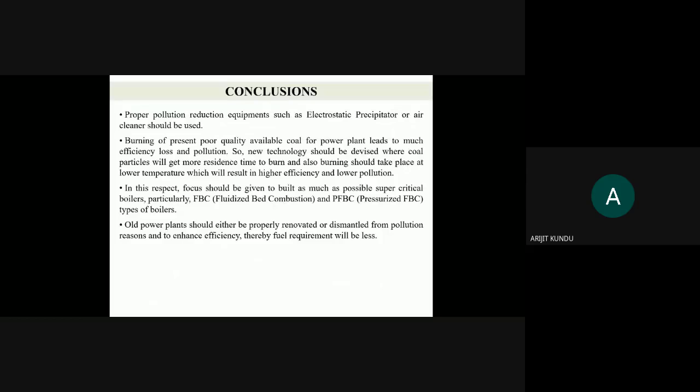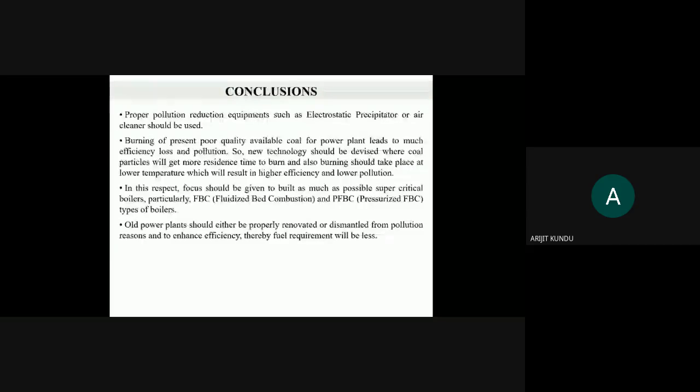Burning of the present poor quality coal in power plants leads to much efficiency loss and pollution. So new technology should be devised where coal particles get more residence time to burn, and burning should take place at a lower temperature, which will result in higher efficiency and lower pollution.